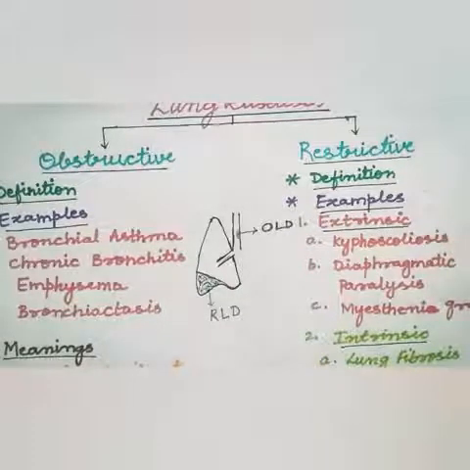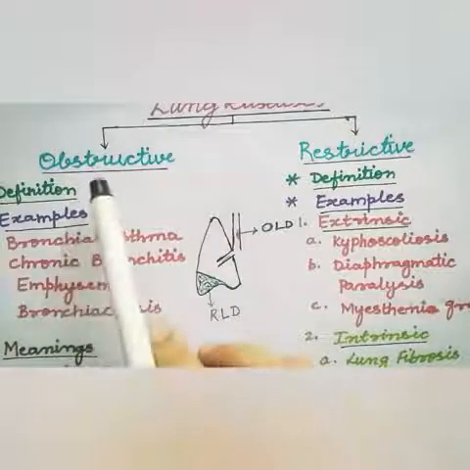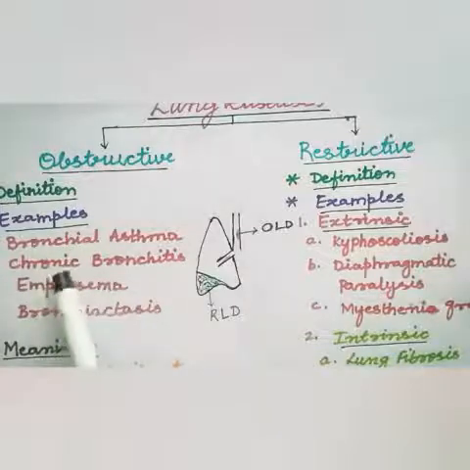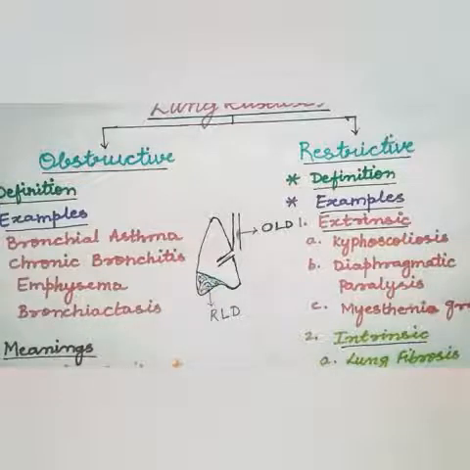Now let us see some examples. Obstructive lung disease includes bronchial asthma, chronic bronchitis, emphysema, and bronchiectasis. In restrictive lung disease, the examples are further classified into extrinsic and intrinsic factors.